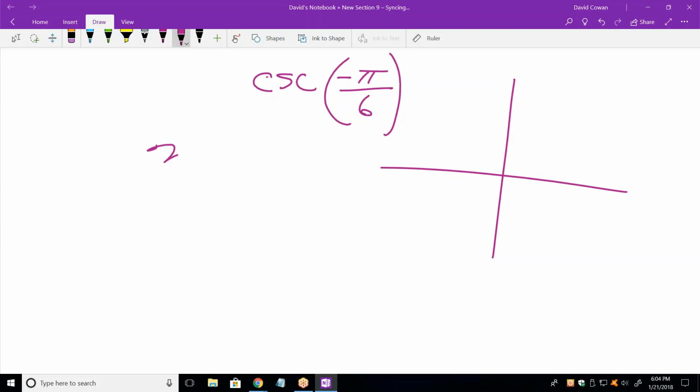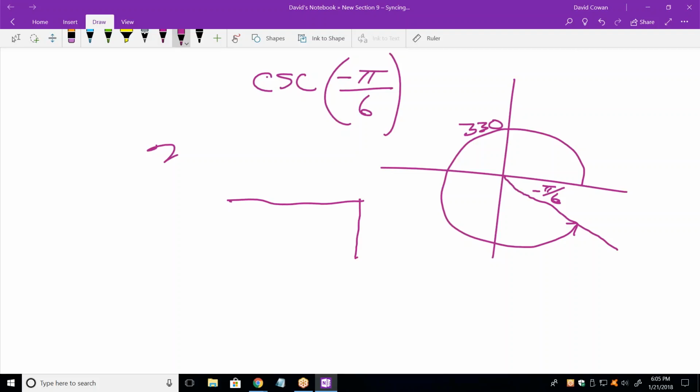Or I can just start from the x-axis and go clockwise instead of counterclockwise and make that minus pi over 6, minus 30 degrees. And that is the same angle as your 330 degree angle. In other words, it's coterminal to it.